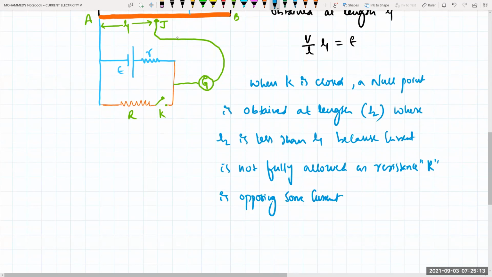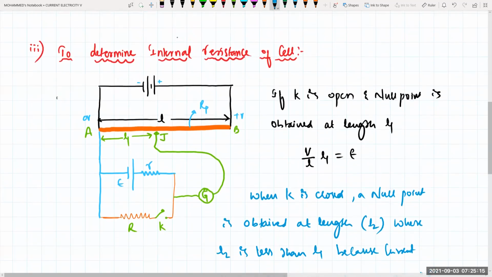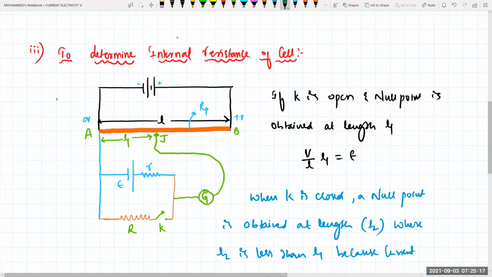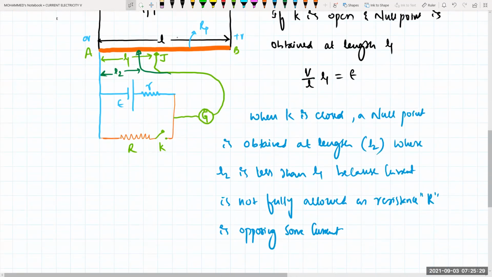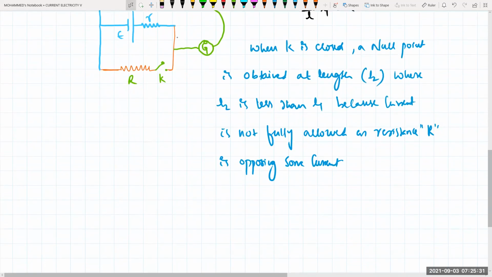That is the reason the balancing length will be lesser. So this jockey is balanced at L2. Clear? Without resistance, it is balanced at L1, and with resistance, when the key is closed, it is balanced at L2, where L2 is lesser than L1.